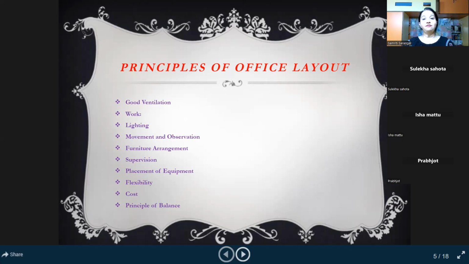So you need to have balance. These things are important for visitors or customers, but equally important is the work for which I have made the office, that should be my priority. We need to give it that. Okay, that is important.